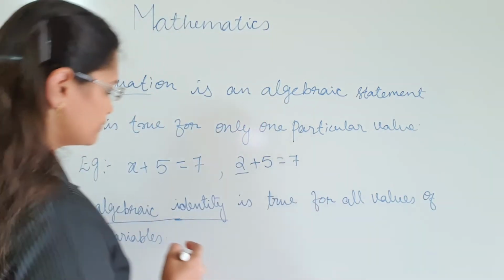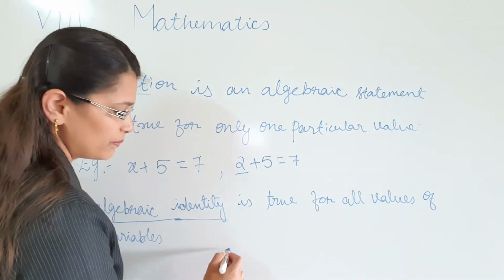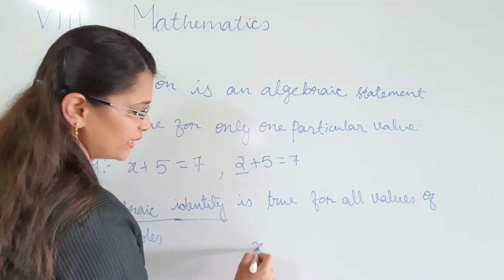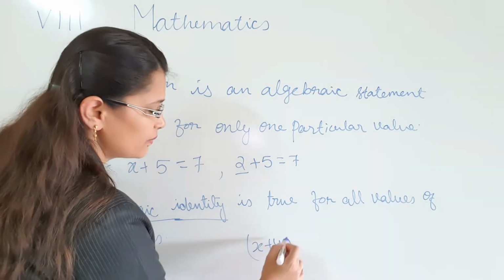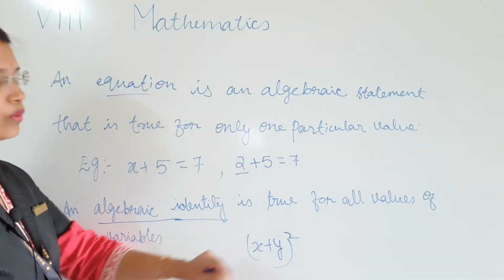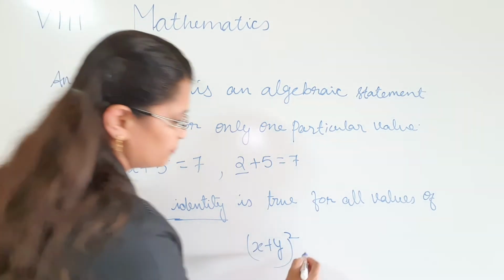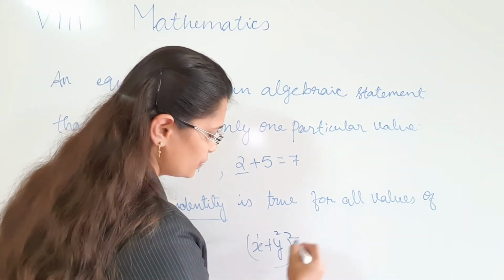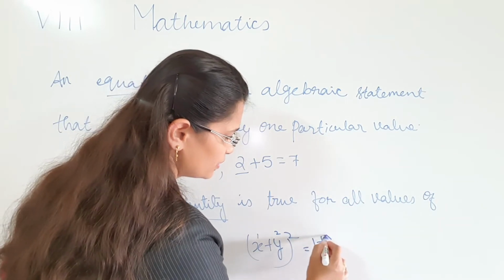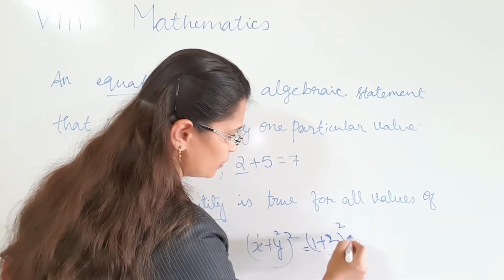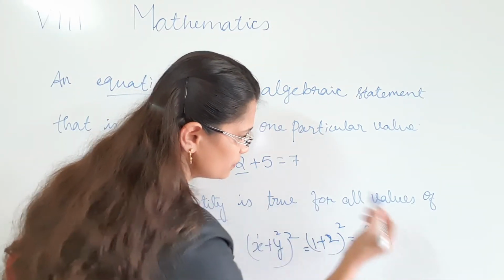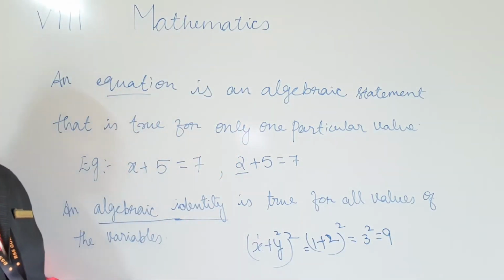So, here just check it, (a plus b) whole square. In your textbook it is (x plus y) whole square, right? So, (x plus y) whole square is equal to, suppose x is equal to 1 and y equal to 2. So, (1 plus 2) whole square. What is 1 plus 2? 3. 3 square is equal to 9. Right?